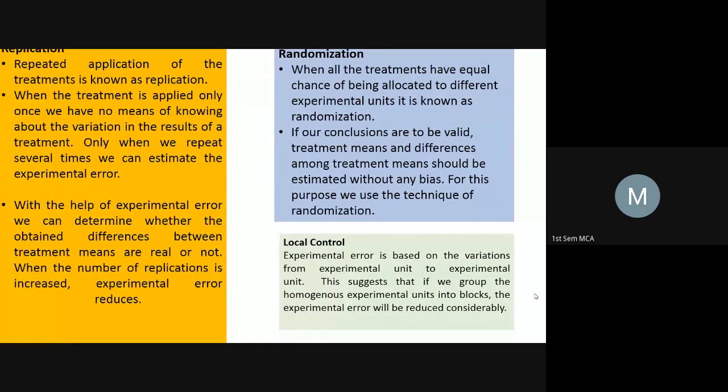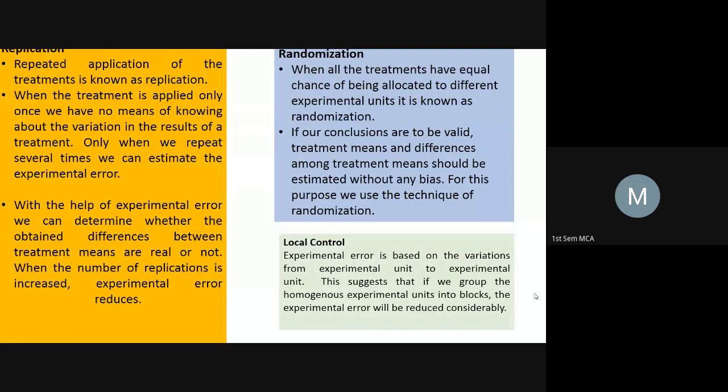If you take 10 parameters, in all 10 parameters all are equal. But I want to choose any 2 out of 5. How do I choose? There should be some kind of justification. When all these things are equal and I have to choose 2 out of them, I have to apply some kind of randomization.